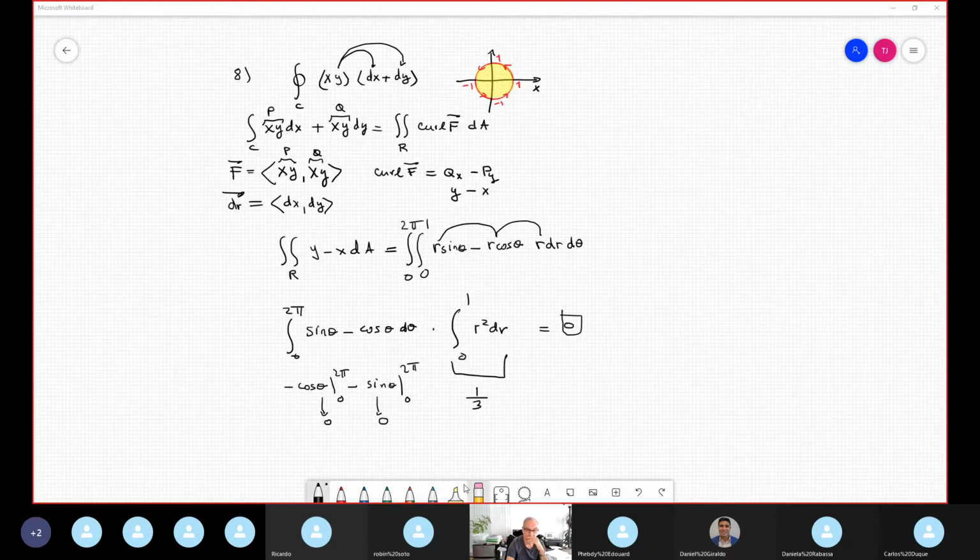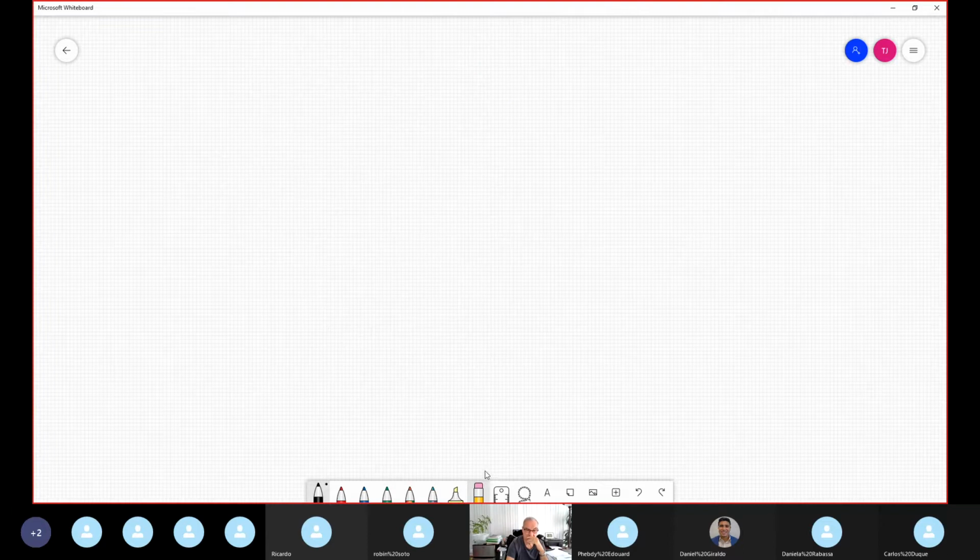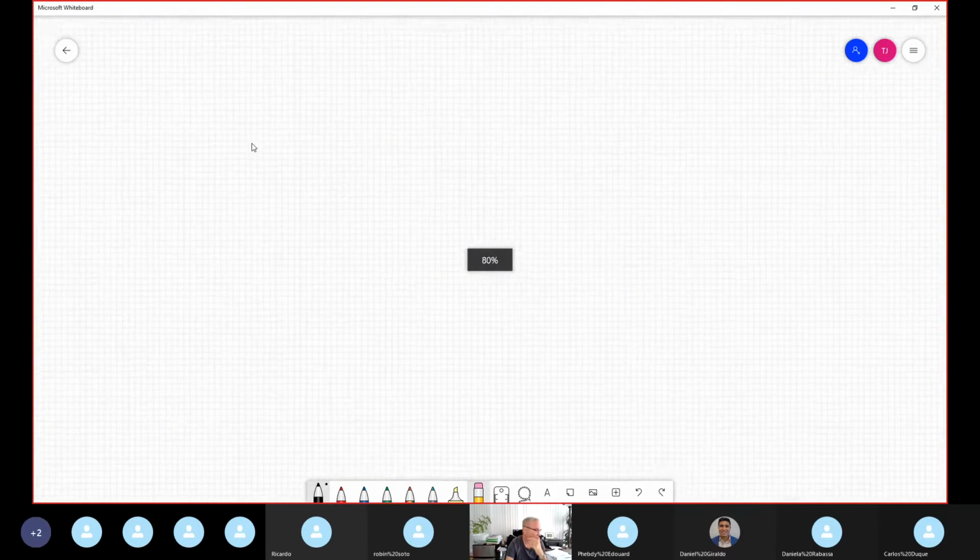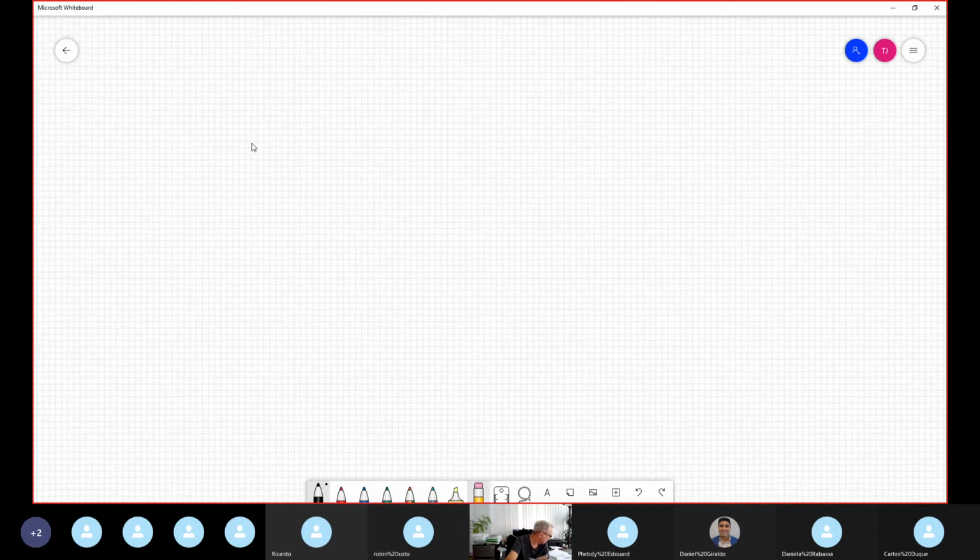Okay, let's go to number 9. Number 9 is the application of area. So we need to compute the area, no? Find the area of the enclosed curve. Number 9 is given a curve expressed like a vector valued function, no?